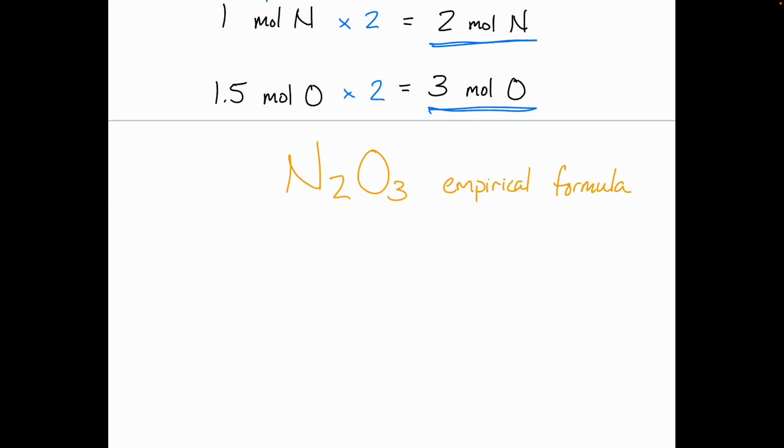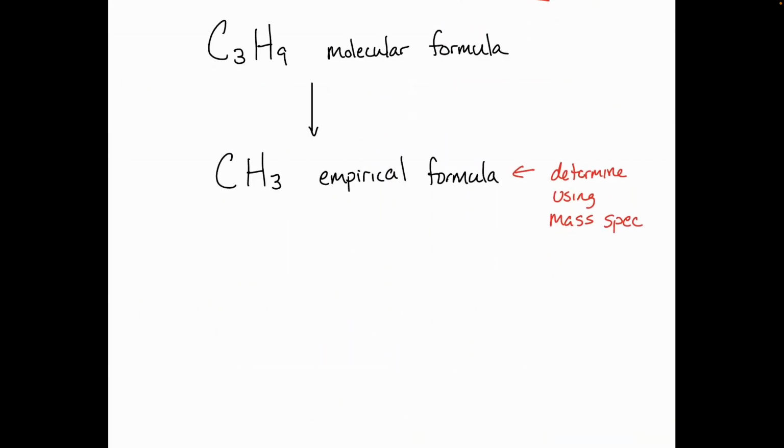Okay, so from here, we could go one step further. Because again, this tells us the empirical formula of our compound, not the molecular formula of our compound, right? We got to this step here, the empirical formula. But what if I want to know how many carbons and hydrogens there are in this actual molecule? I'm going to need one other piece of information here.